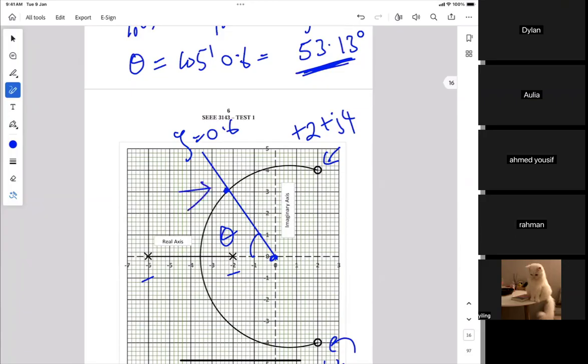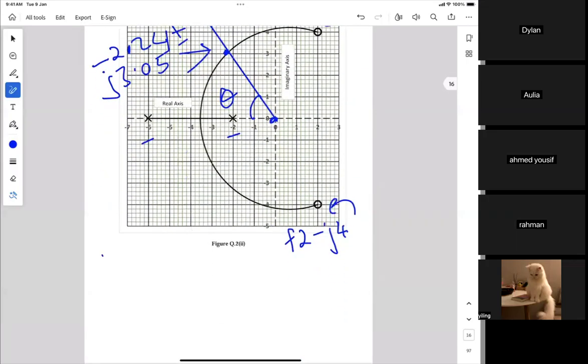Ahmad Yosef. Negative 2.24 plus minus J3. And the corresponding gain? Gain poles over zeros.